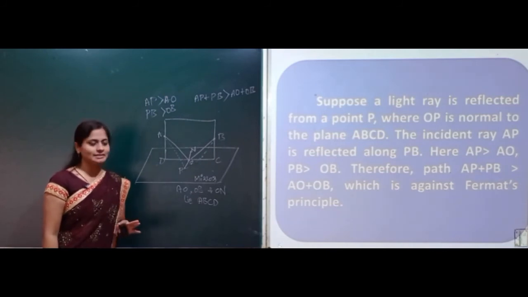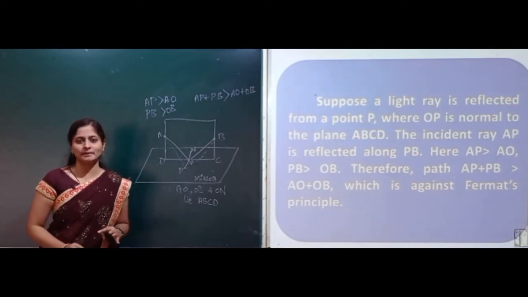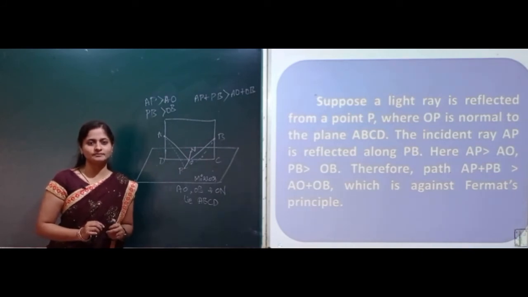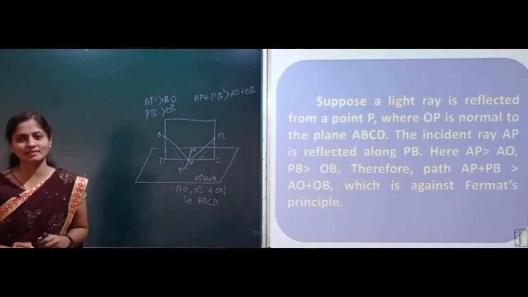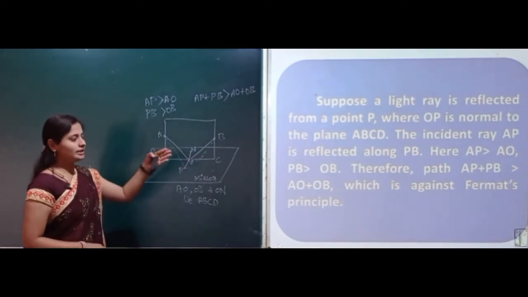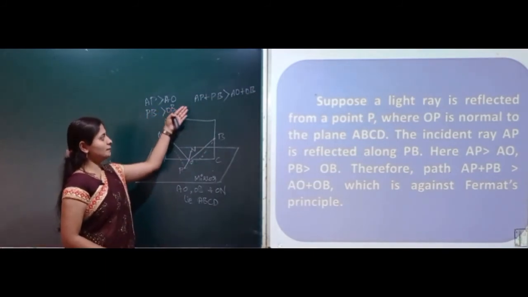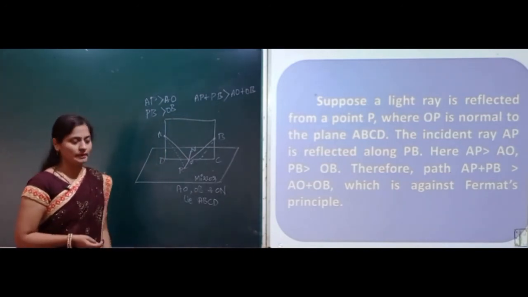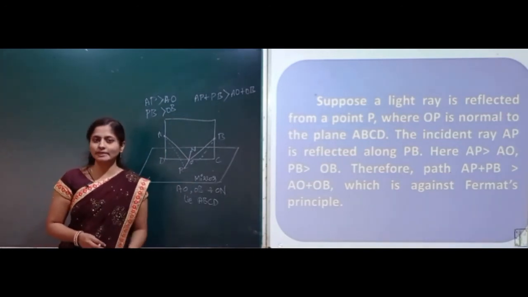Which is against the Fermat principle. Therefore the path AP plus PB is greater than AO plus OB, which is against the Fermat principle.